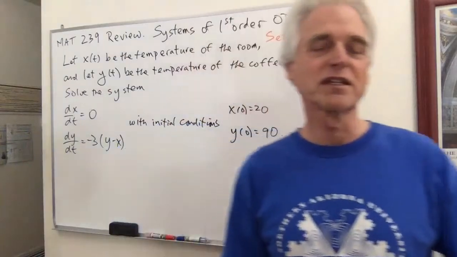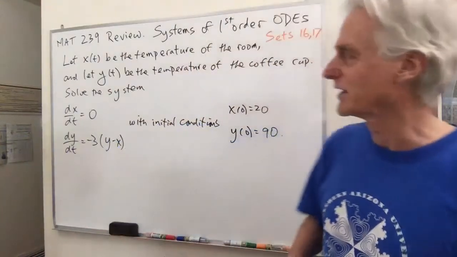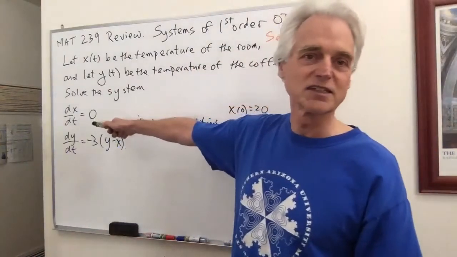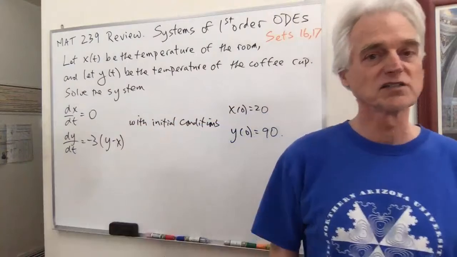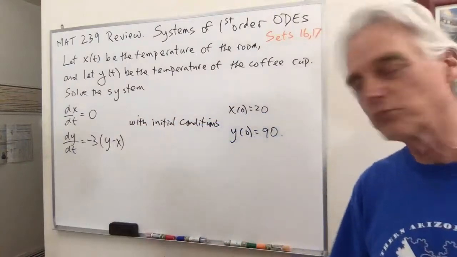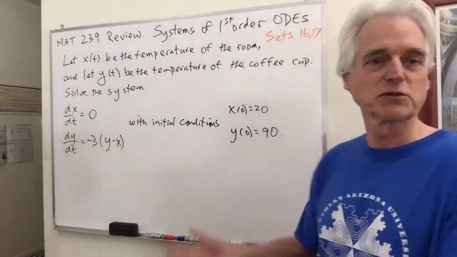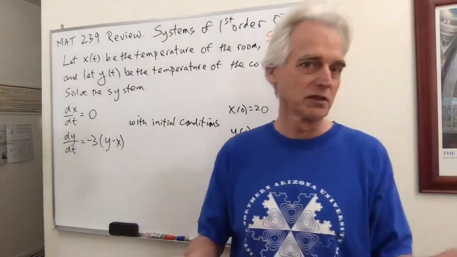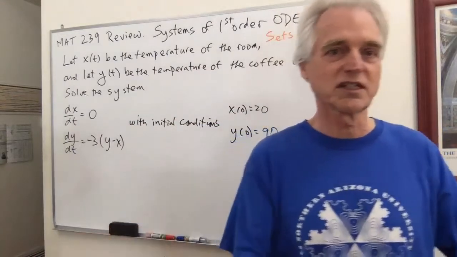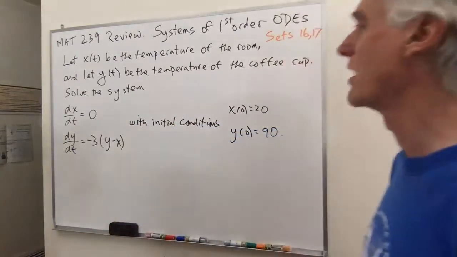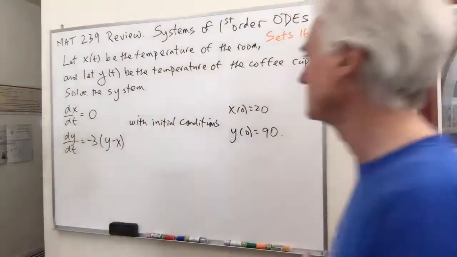It's a little bit artificial to include dx/dt being 0, just so that x is a constant. But it might be sort of relevant. Maybe the temperature of the room is increasing because it's in the morning when it's getting hotter as the day goes on. But anyway, we'll just deal with it, okay?